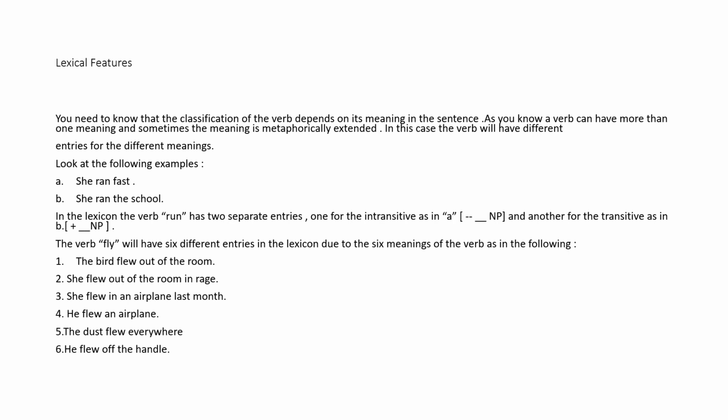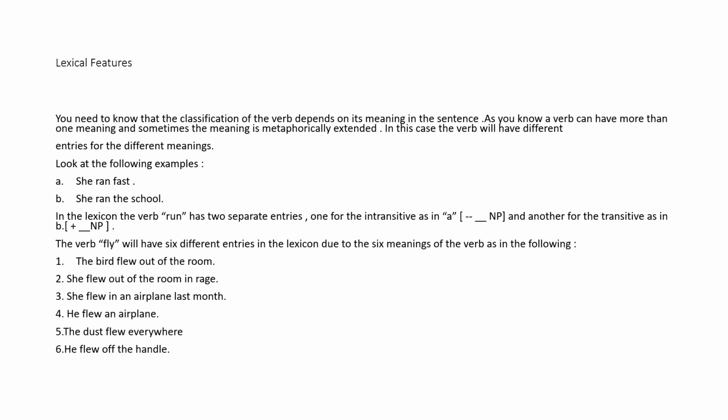If you look at all these, in the first case, the bird flew out of the room, the verb here is intransitive. The second is also intransitive, but it is metaphorically extended. The third one is also intransitive because this is adverbial, while in 4 it is transitive because it is followed by an object, airplane.